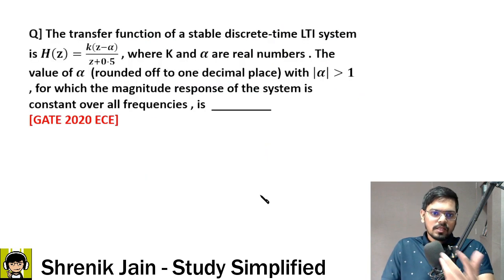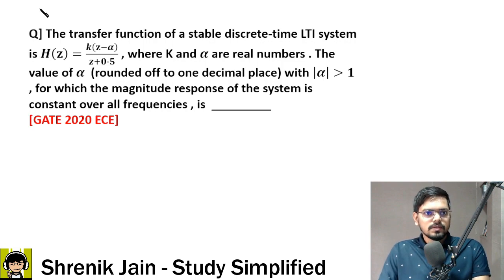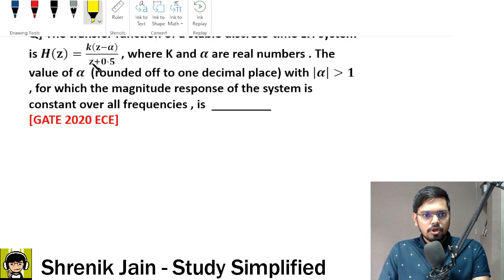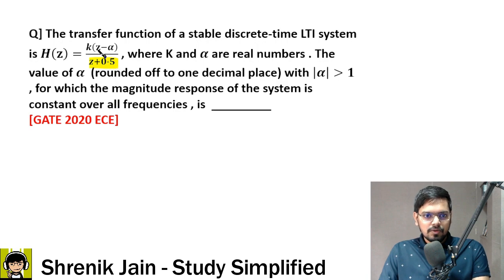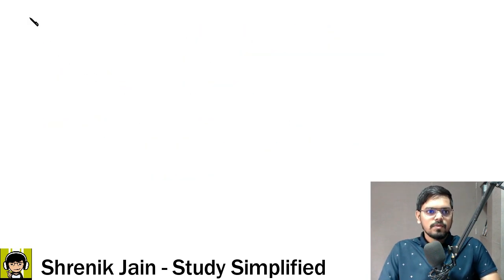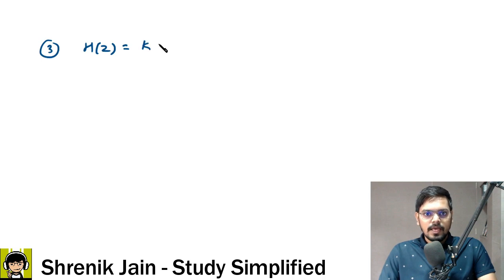If you check the question, what is pole and what is zero? To get the pole, denominator equal to 0; to get the zeros, numerator equal to 0. If I do that, I will get my poles and zeros. As per the question, H(z) was given as K times (z minus alpha) divided by (z plus 0.5).